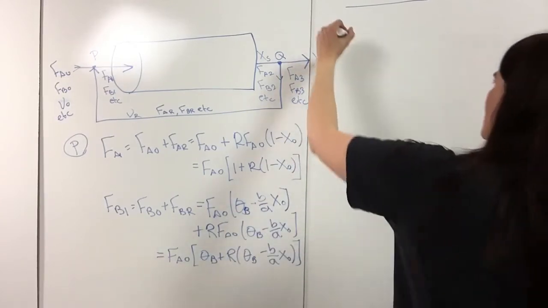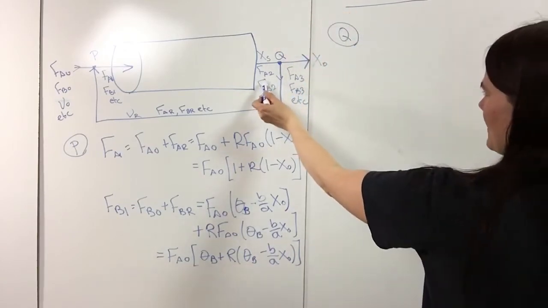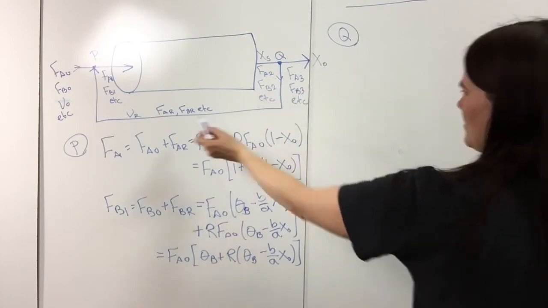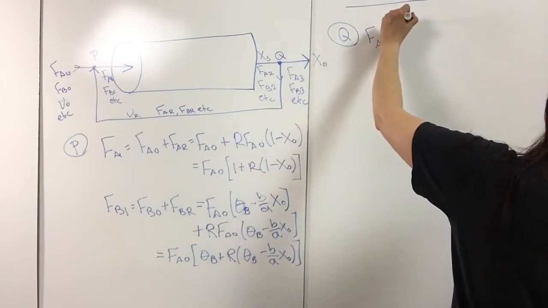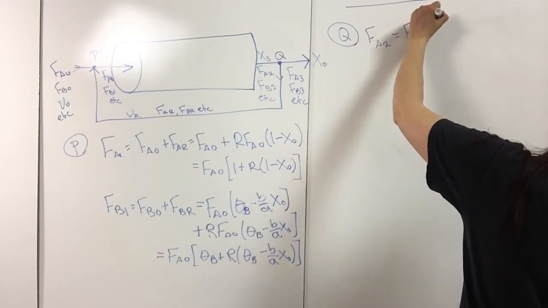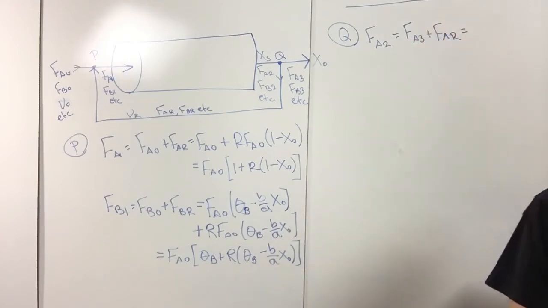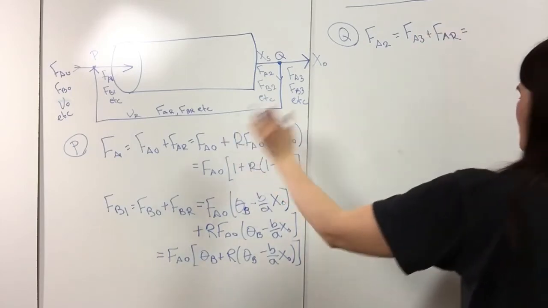All right, so at point Q, we know that FA2 is equal to FA3 plus FAR. So FA2 is equal to FA3 plus FAR. And then we already know that FAR is equal to R FA3, and that was from the definition of the recycle parameter.